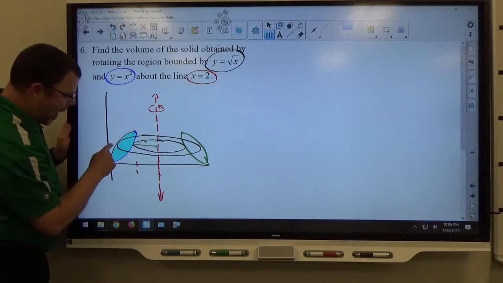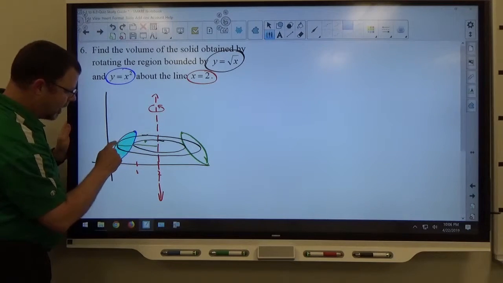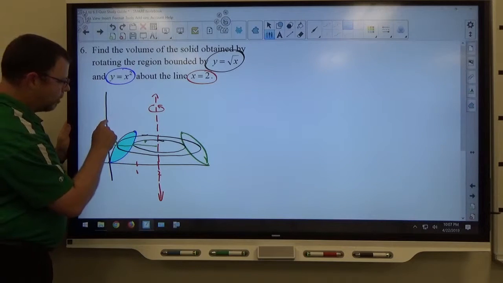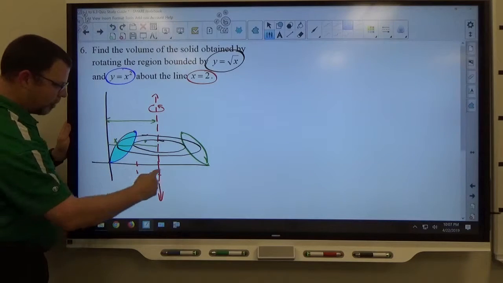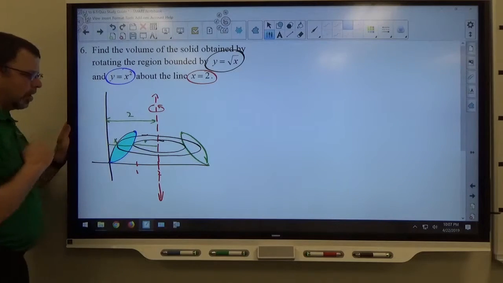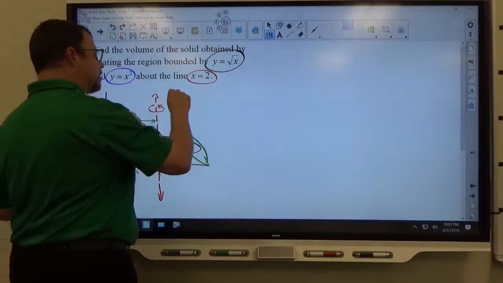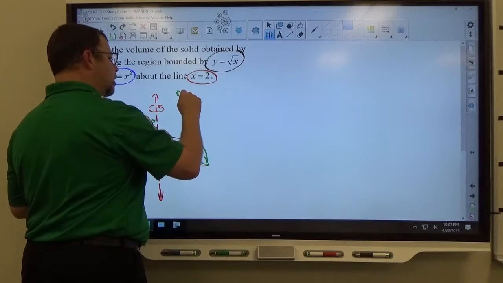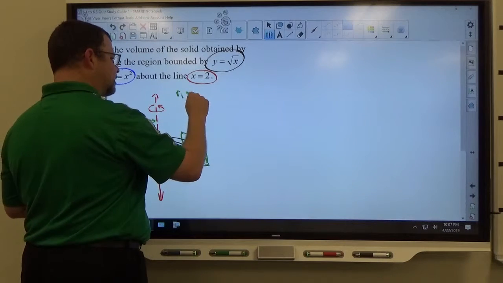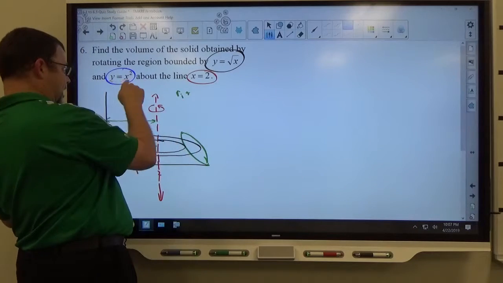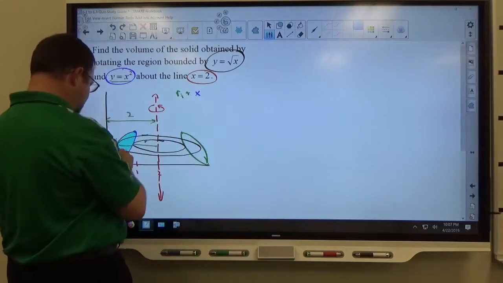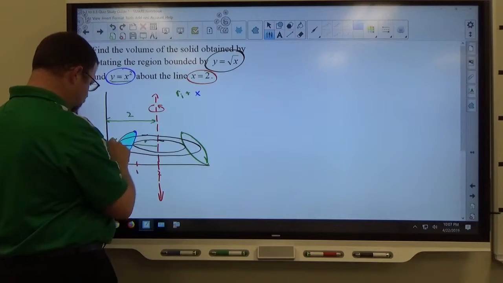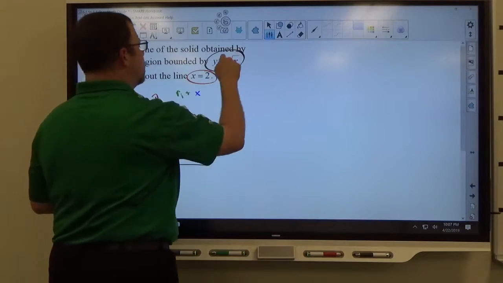From the y-axis to the curve is x, and from the y-axis to the axis of rotation is always however far this is, which in this case is 2. So I can see that the inner radius plus x, which is this x, I should go with blue color there, plus that x there, should equal 2.